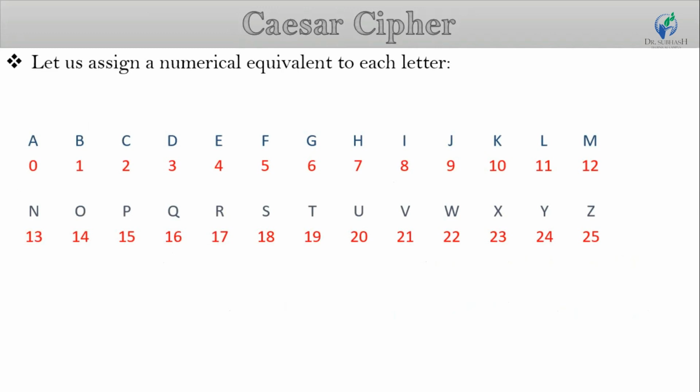Means A is assigned 0, B is assigned 1, C is assigned 2, D is assigned 3, E is assigned 4, and so on up to Z, which is assigned 25.